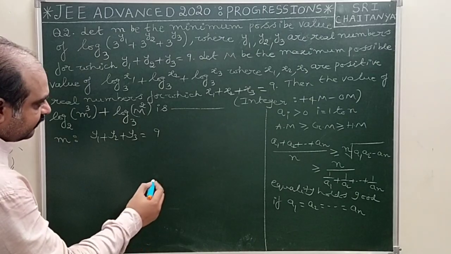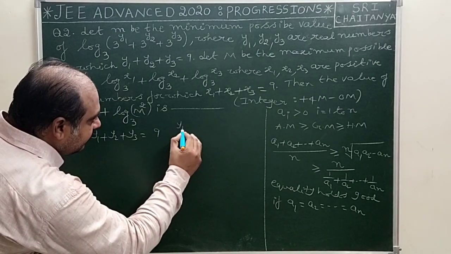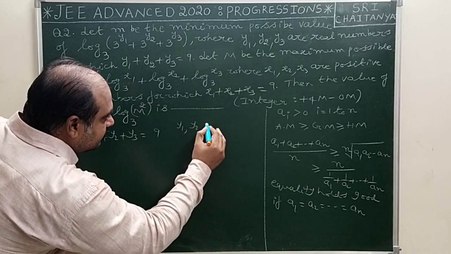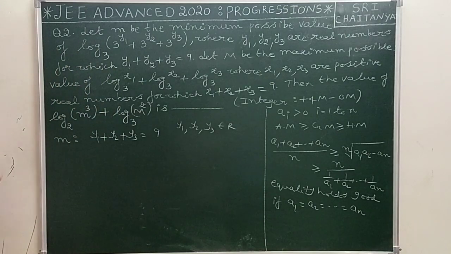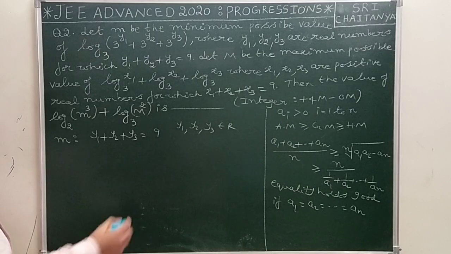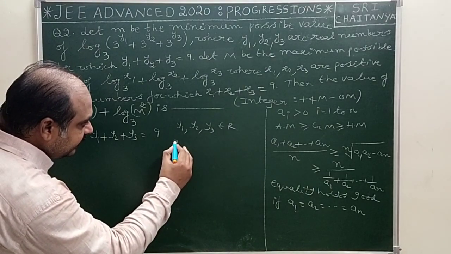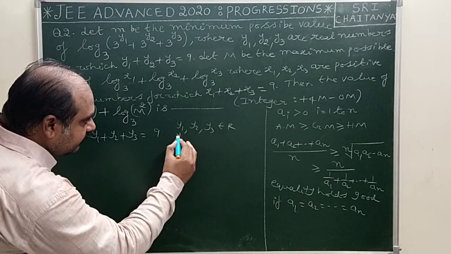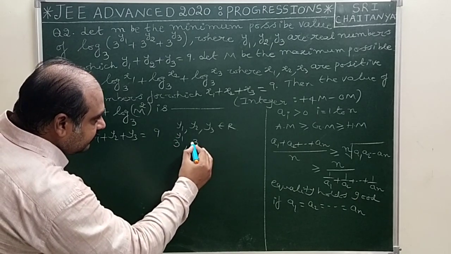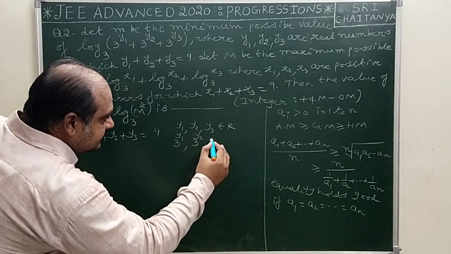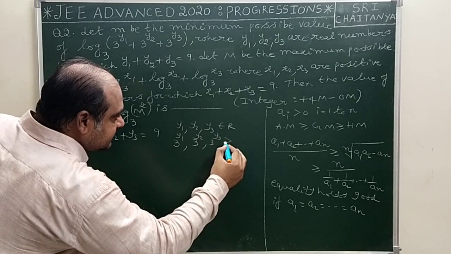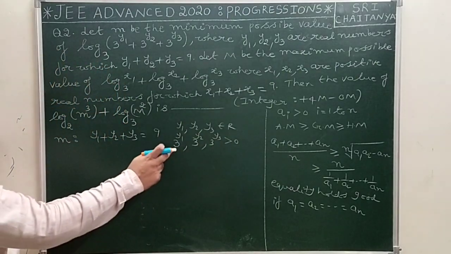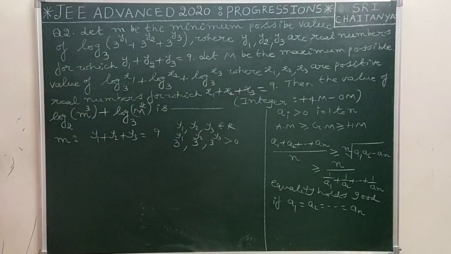Given y1, y2, y3 are real numbers such that y1 plus y2 plus y3 equal to 9, for any real numbers, 3 power y1, 3 power y2, 3 power y3 will always be positive. That means these three are positive real numbers.